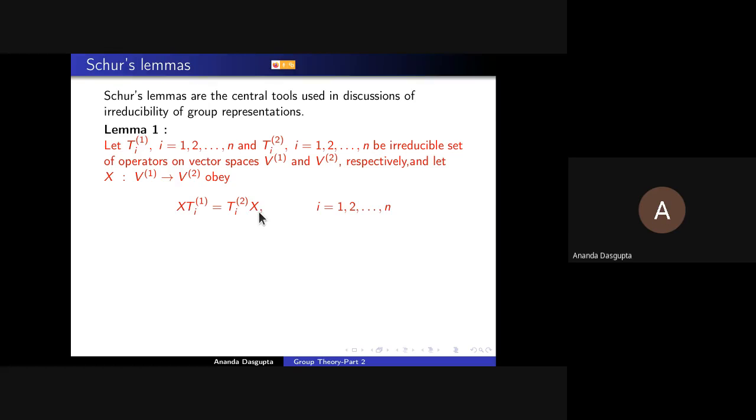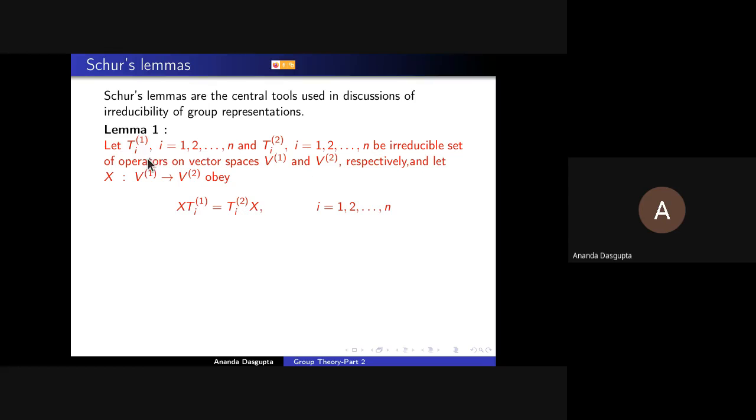Okay? X takes you from V1 to V2, and Ti2 acts on V2. So this takes a vector in V1, ultimately to a vector in V2. It so happened that X actually obeys this: whether you do X after doing Ti1 or you do X before doing Ti2, you get the same result every time for every one of the i's.